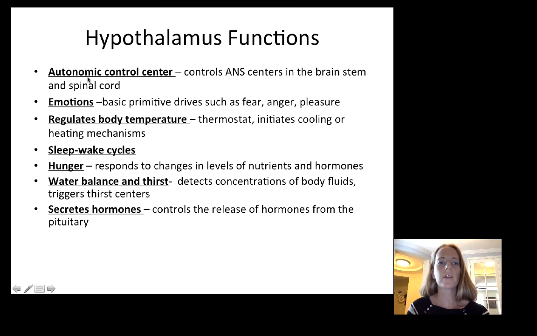It is the autonomic, or the organ control center in the brain. So it is going to send the autonomic input through the brainstem and the spinal cord out to the organs. It also has some basic emotional functions. It can regulate body temperature, sleep-wake cycles, hunger, water balance and thirst, and secrete various hormones to the pituitary. So when we get into the endocrine system, I think you guys will have an even greater appreciation of just how important this tiny area of the brain is, and we're just beginning to scratch the surface now.